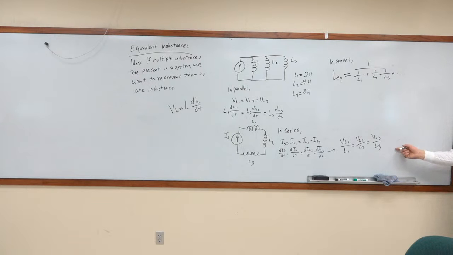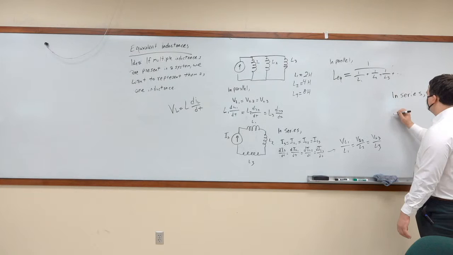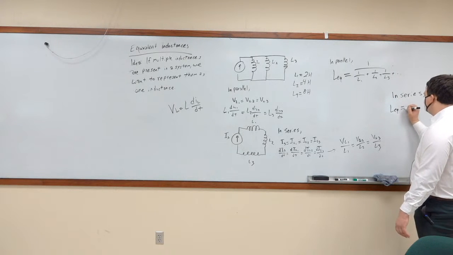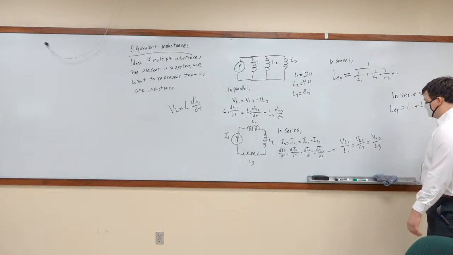Okay? Well, this relationship is also true for resistors in series. So it turns out, in series, L equivalent is equal to L1 plus L2 plus L3.